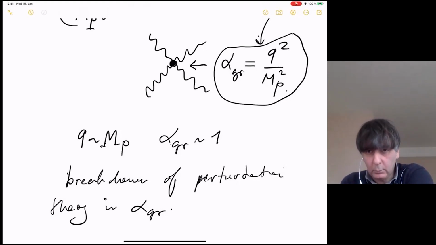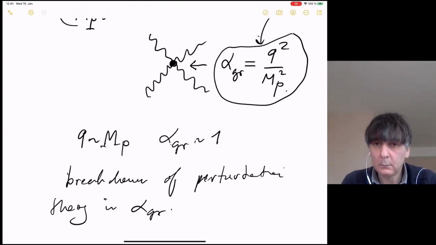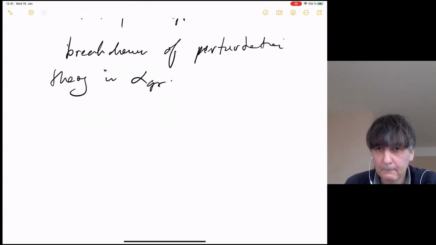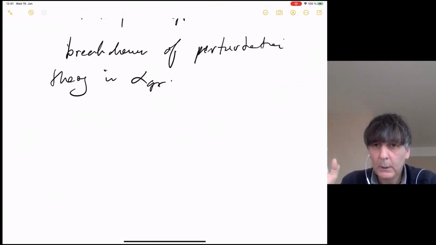Now we go into modifications, but within Einstein gravity that holds. However, there is a caveat here, because this is true as long as I'm considering quantum processes at tree level, okay?